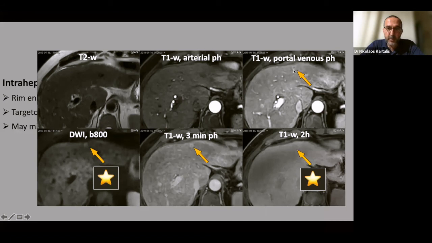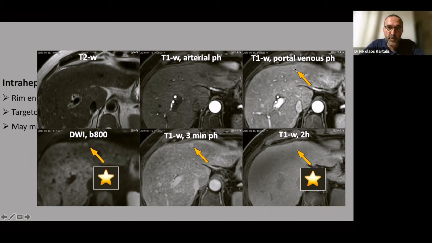but if we are lucky enough, sometimes, although we can have very small intrahepatic cholangiocarcinomas like this one, we can still get the targetoid appearance with high signal intensity on diffusion imaging and low signal intensity in the periphery in the hepatobiliary phase. And again, ring enhancement with progressive fill-in, but as you see, it's fully rim.